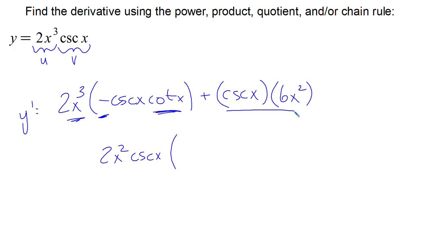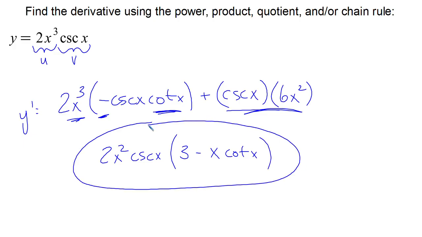And over here, if I take out a 2x squared cosecant x, all I have left is positive 3. So I'm going to rewrite that first. So it's 3 minus, and we said we had a minus x cotangent x left over here. So looks like that's a good final answer for us.